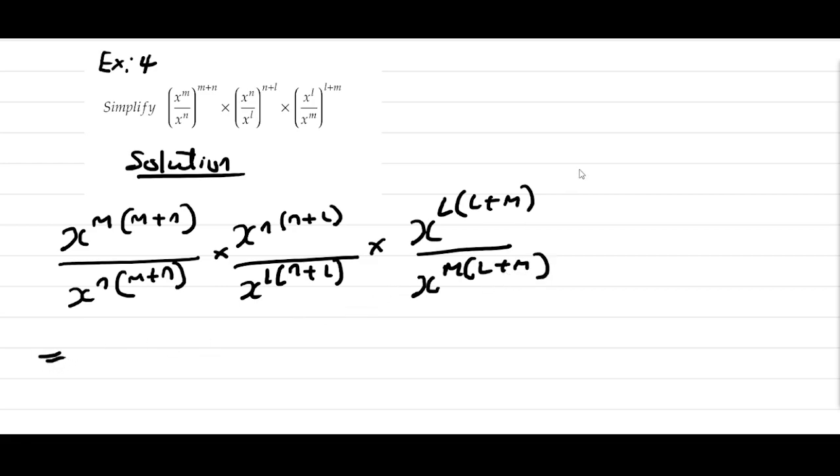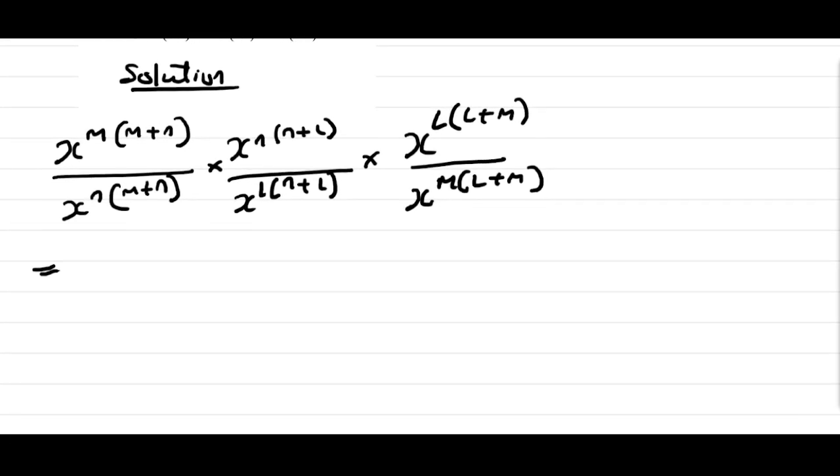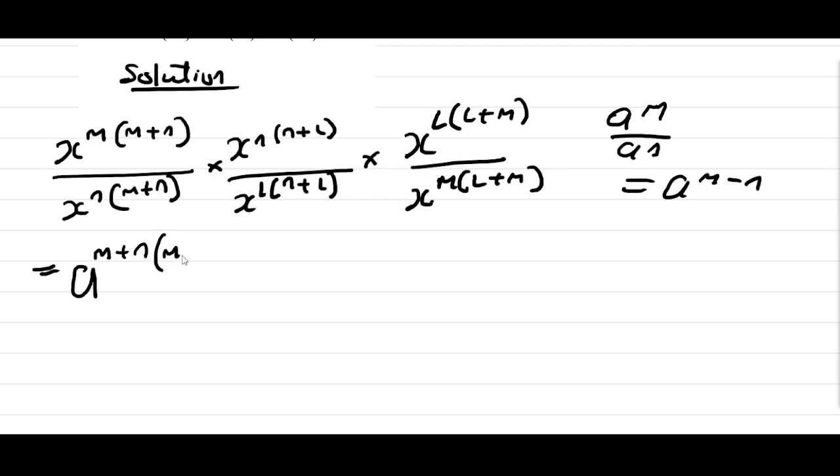So what we can do is to observe that here we can simply apply the law of division, a to the m over a to the n equals a to the m minus n, to see that this is equal to a to the power of the whole of m plus n, subtracting m minus n.